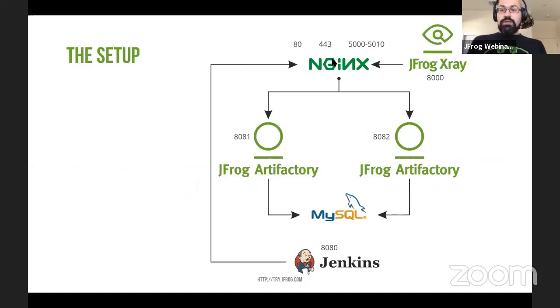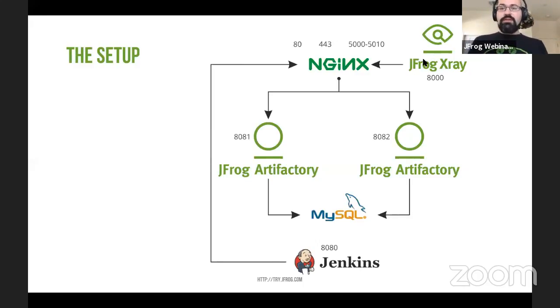We use an Nginx as our load balancer. Again, in your environment, it could be any other load balancer, and it is configured on ports 80, 443, and the range of ports between 5000 and 5010 for Docker, as a Docker proxy. We are going to talk about that as well.